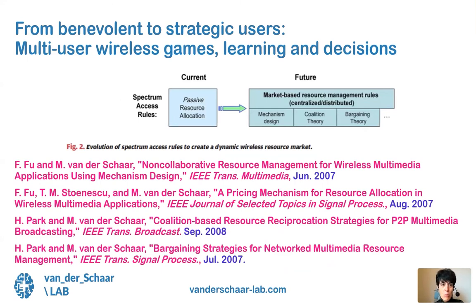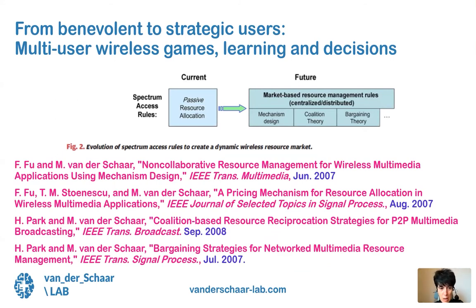Let me now move one step further, from multi-user scenarios where the transceivers are benevolent and are learning and making decisions in order to maximize the sum utility in a cooperative fashion, into a setting where the agents, the transceivers, are strategic and negotiating for resources in a market-based resource management setting.